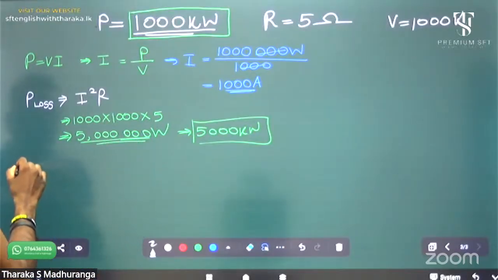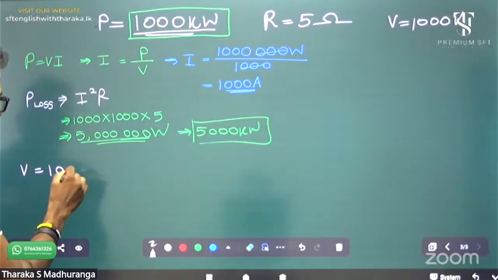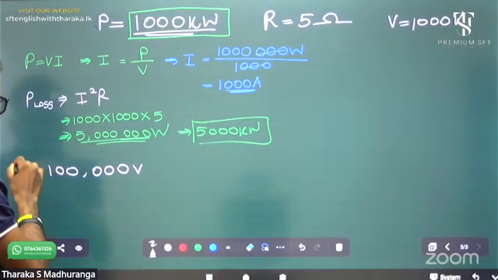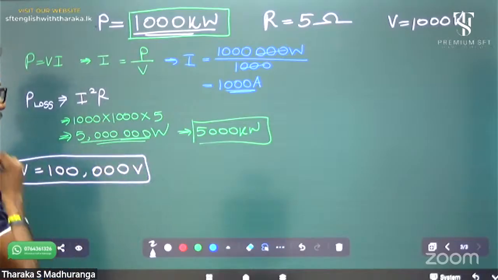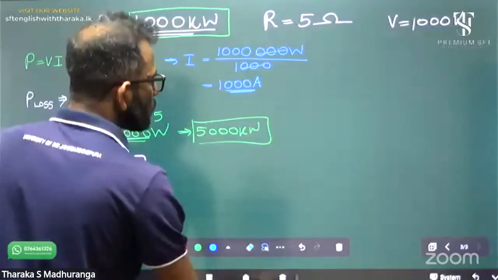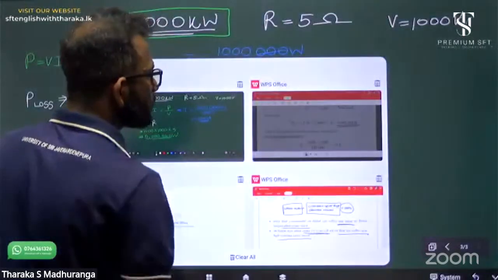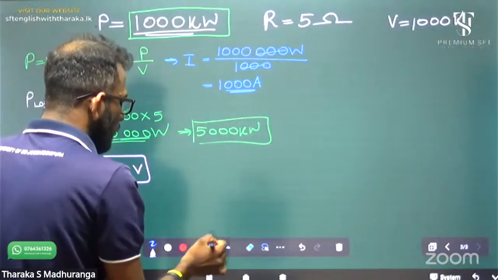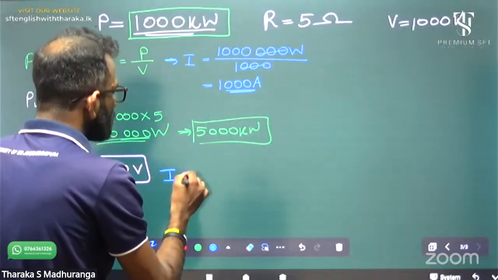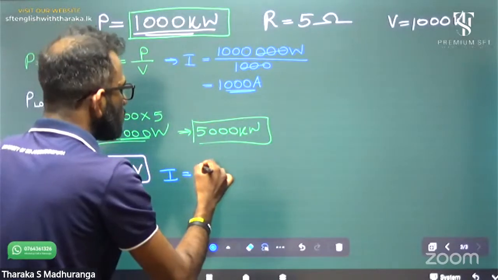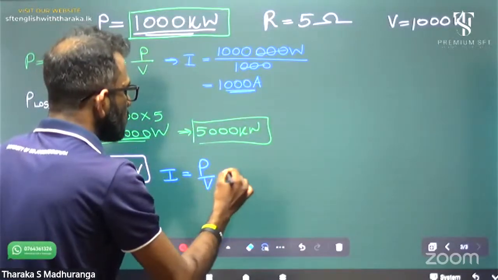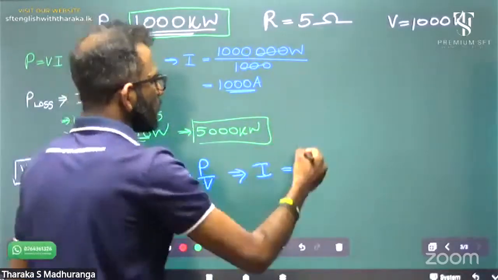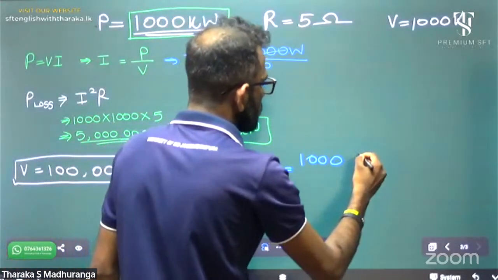the voltage equal 100,000, 1 lakh, 100,000 volt. Okay, what is the current flowing in this case? Current I equal P over V. What's the P? 1000 into 1000.